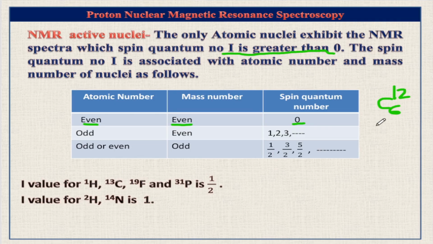In carbon, the number of protons is 6 and the number of neutrons is also 6. The 6 protons pair up in 3 pairs, and 6 neutrons also pair up in 3 pairs. So if the atomic number and mass number are both even, the protons and neutrons pair up, and their magnetic moments cancel each other out. So their magnetic moment is 0.